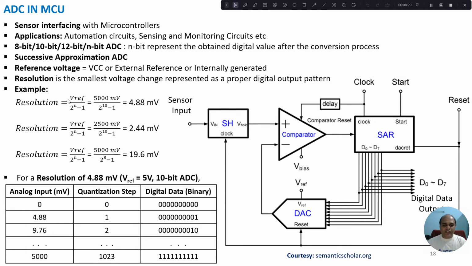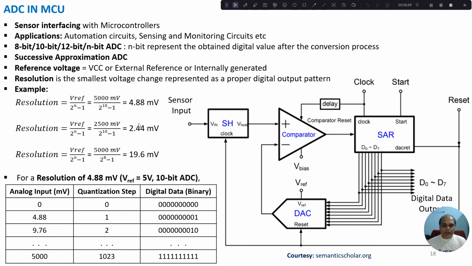If I change the reference voltage, for example, if I take 2.5 volt as the reference voltage, which I have represented as 2500 millivolt, and n I have taken as 10, then when I do the computation, 2500 millivolt divided by 2 power 10 minus 1, it comes out to be 2.44 millivolt.